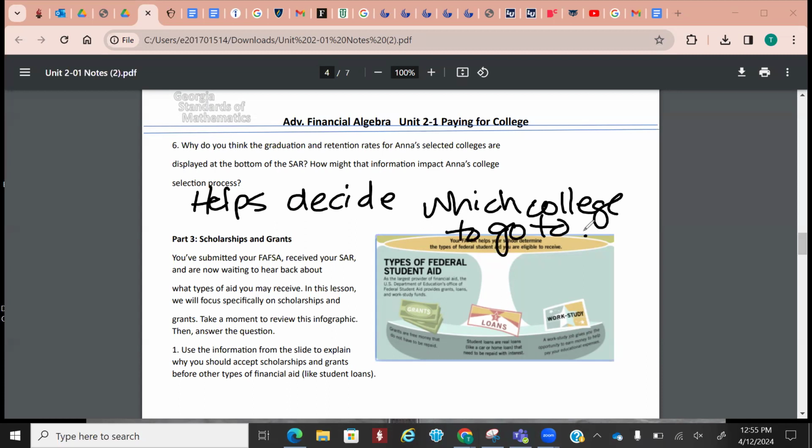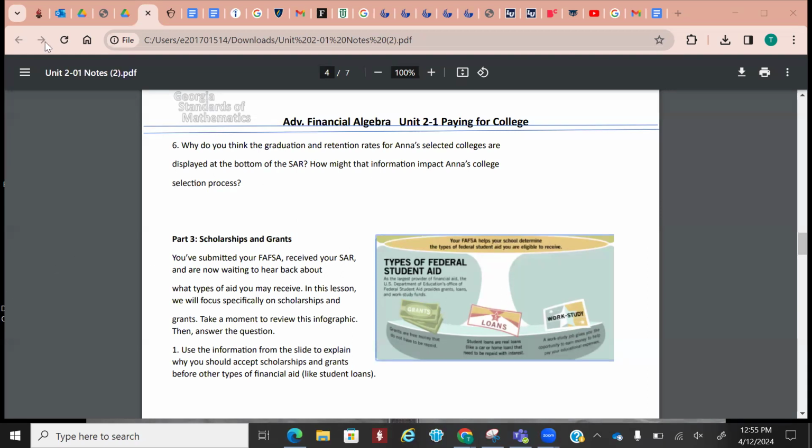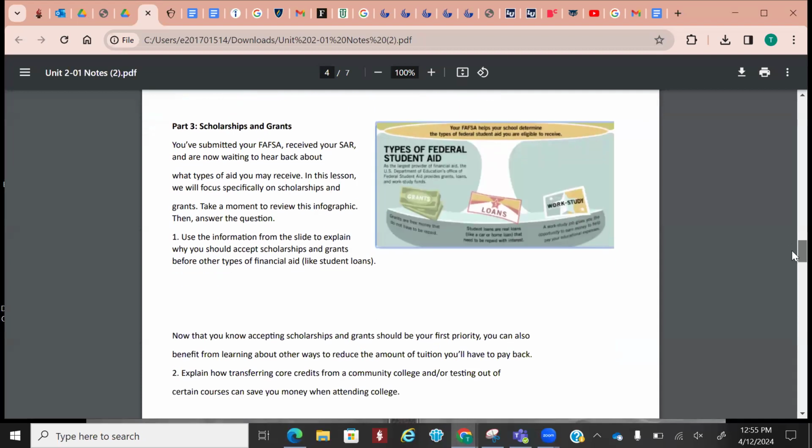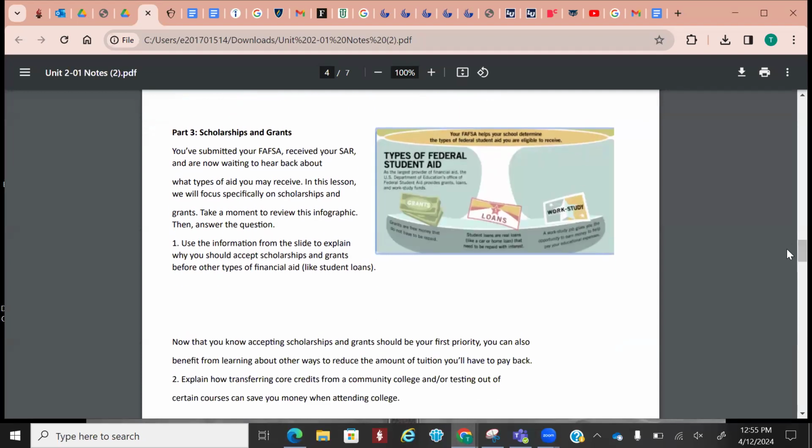So if they have a 90% acceptance rate, but they only have a 30% graduation rate, that means everybody's getting accepted, but a bunch of people are either dropping out or not finishing. That's a problem. That means it's either way too hard or something's wrong. That's not right.